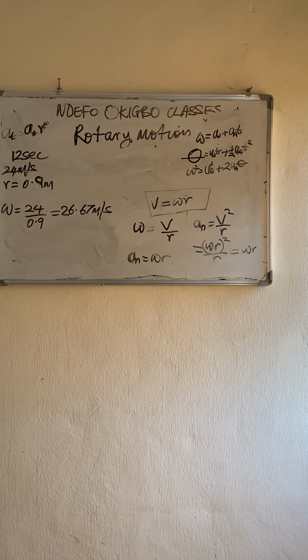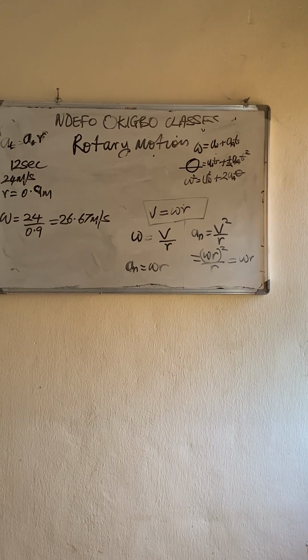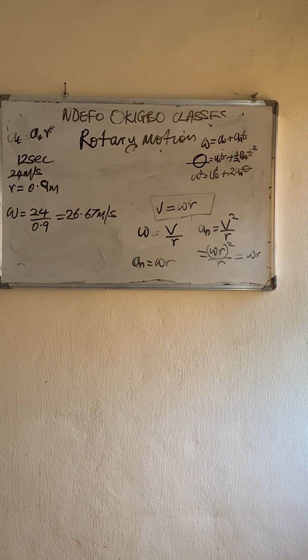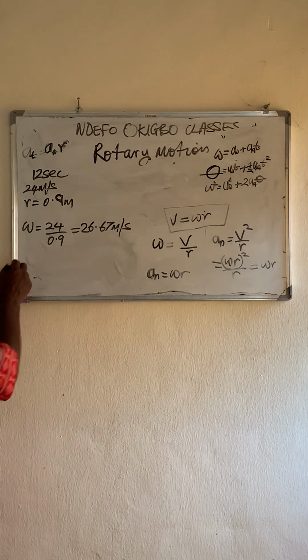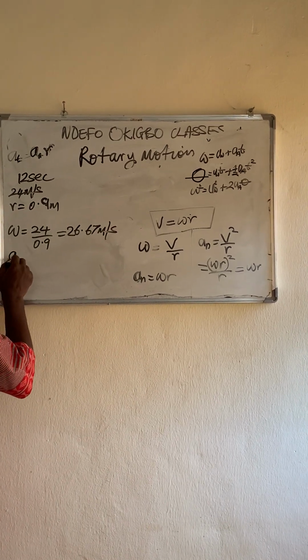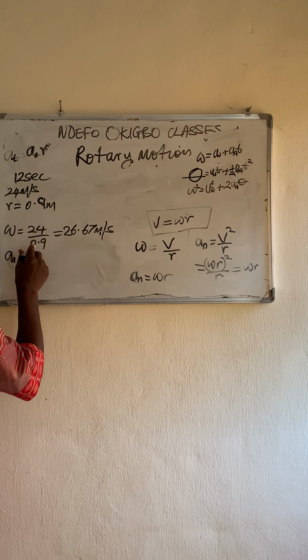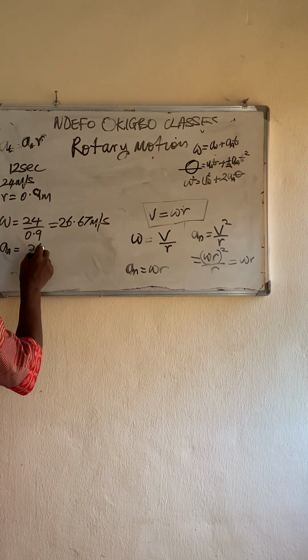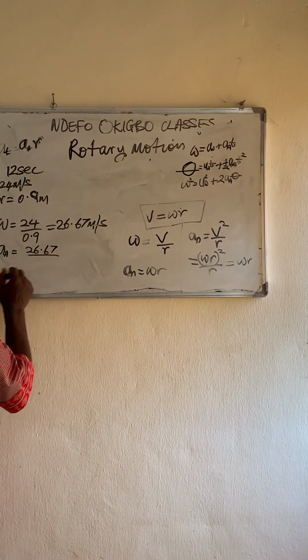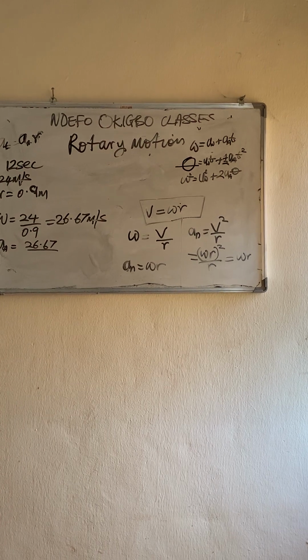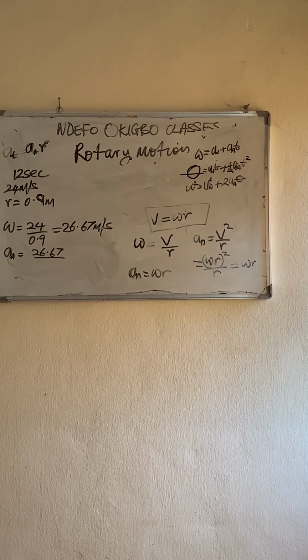So with this angular velocity, we come to angular acceleration. Angular acceleration is angular velocity divided by time. That means angular acceleration will be angular velocity, 26.67, over time this time, not over the radius.